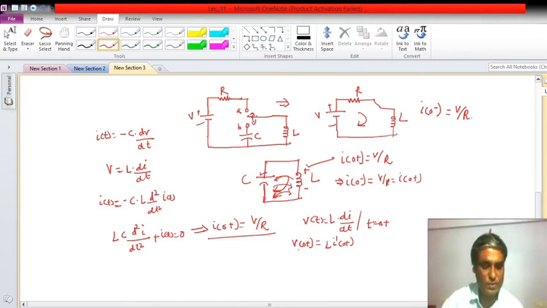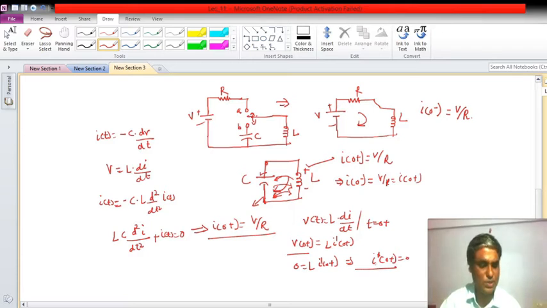V of 0 positive will be 0, because at this point your capacitor will be short circuited, so this will be 0. So L I dash of 0 plus is 0, so your I dash of 0 will also be 0. And because I of 0 positive is V by R, I can conclude that I prime of 0 positive will also be equal to 0.